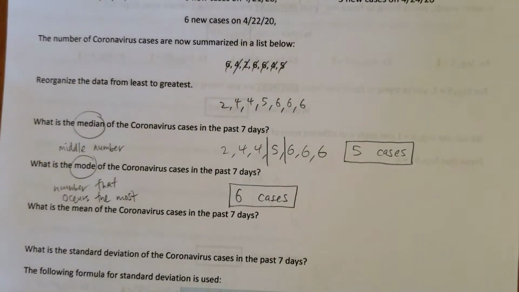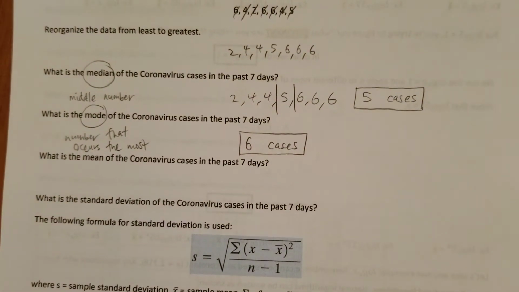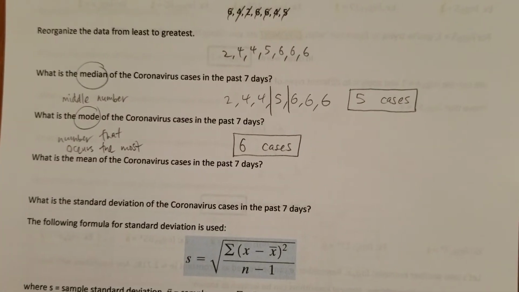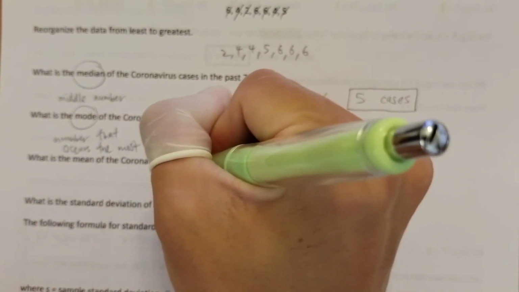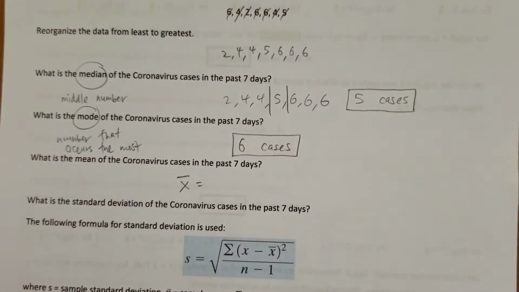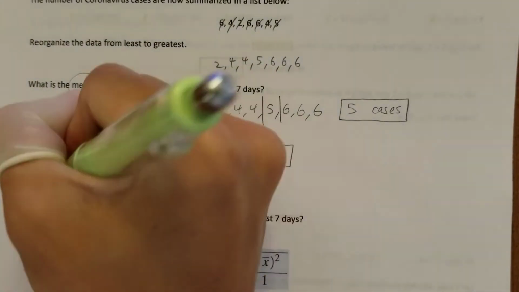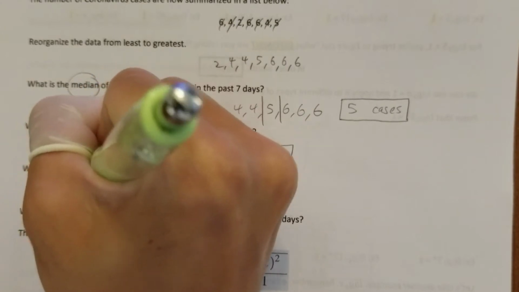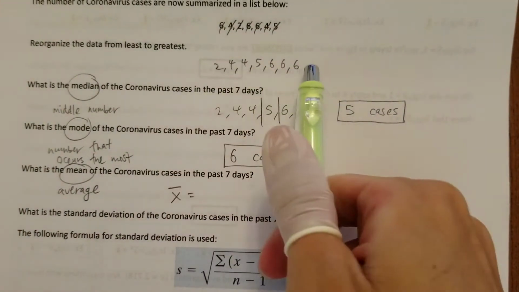Okay. Next part. What is the mean of the coronavirus cases in the past 7 days? Okay. Mean is denoted by this thing called X bar. X bar basically says you take the average. If you guys forgot what mean was, mean stands for average. So you take the average of this set.